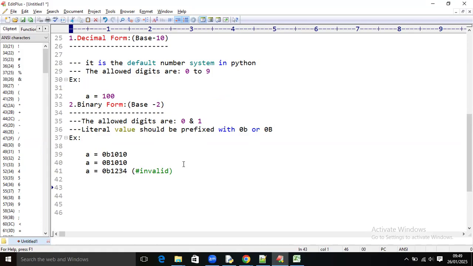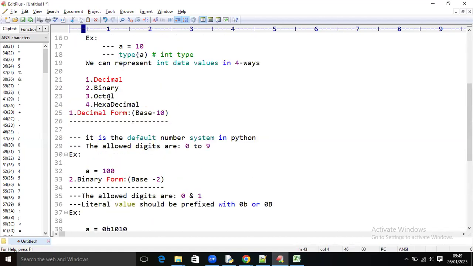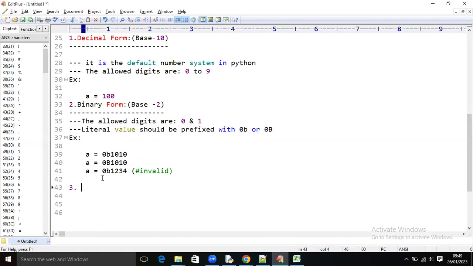Now we are going to discuss the third integer data type, that is octal.